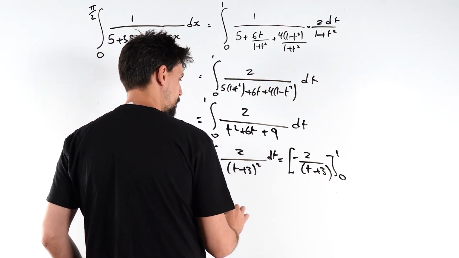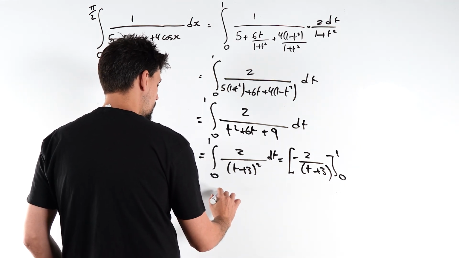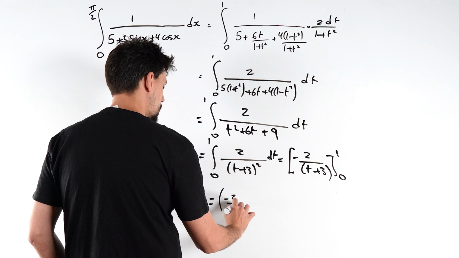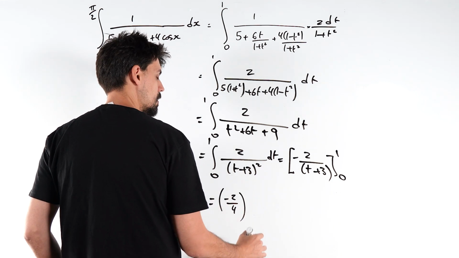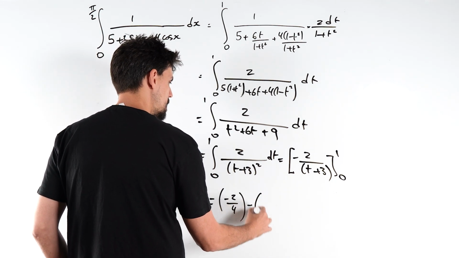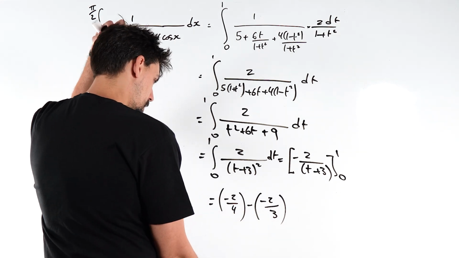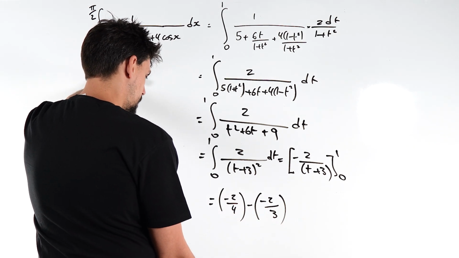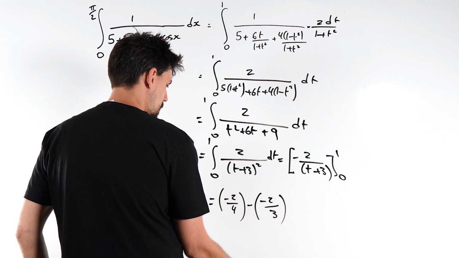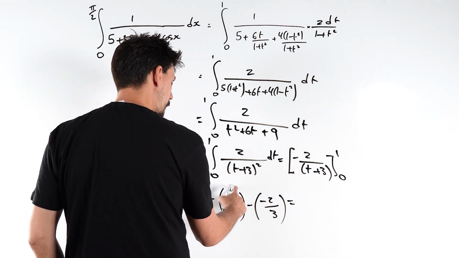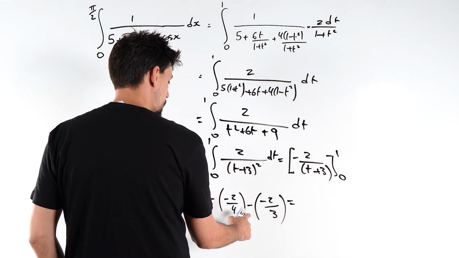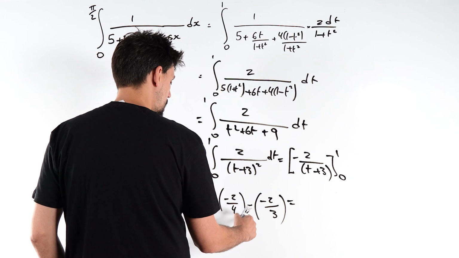So what does that give me? It will give me minus 2 over 4 minus 2 over 3. Isn't that right? Now what's that? That's a half. So it's 2/3 minus a half.